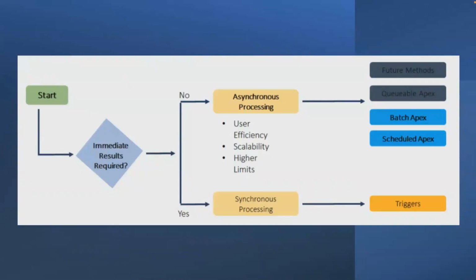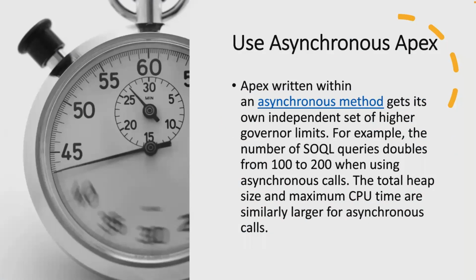If we want some result to be delayed, or if there is some delay in processing of any logic, we can include an asynchronous way of execution, like using a batch, schedulable, future method, and queueable. That will increase performance, because whenever the CPU gets time, it will execute the transaction.